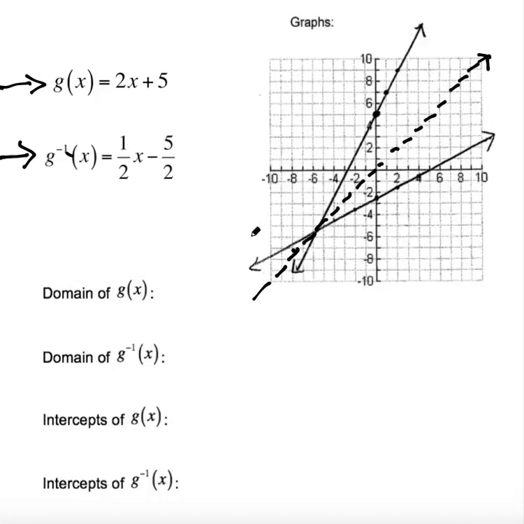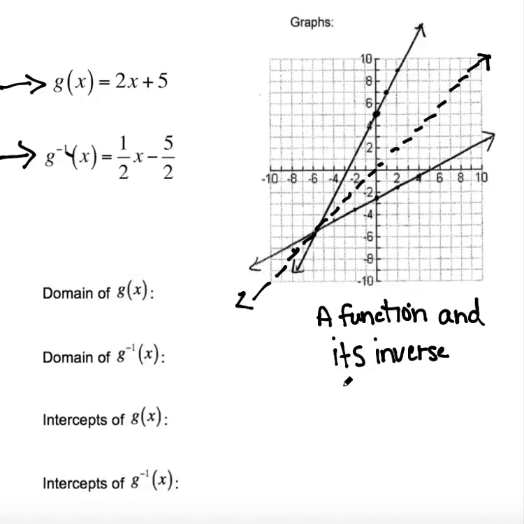So they have symmetry across the line y equals x. Go ahead and jot that down somewhere: a function and its inverse have symmetry across the line y equals x.